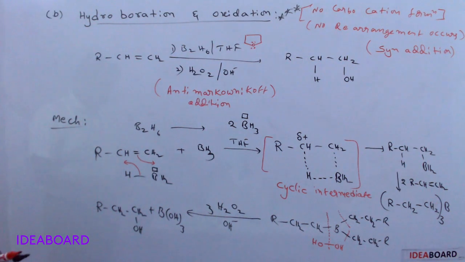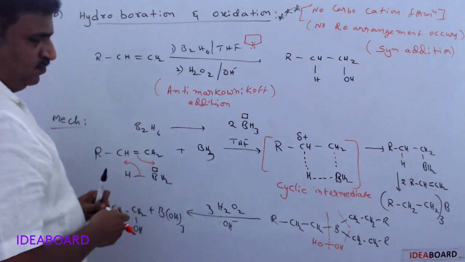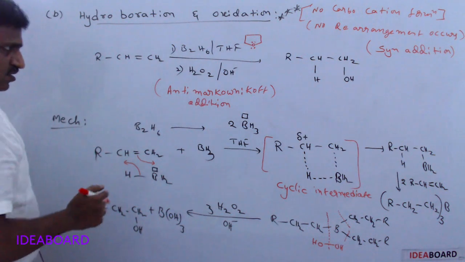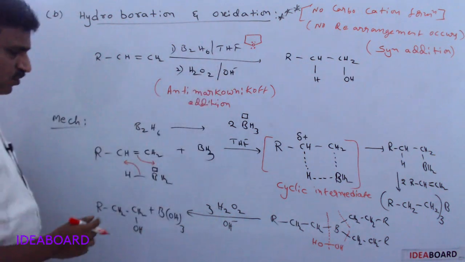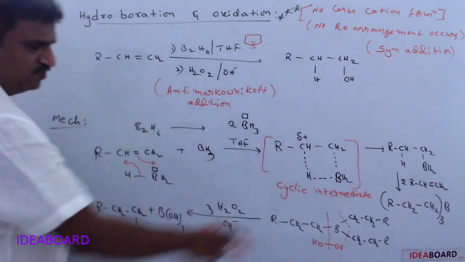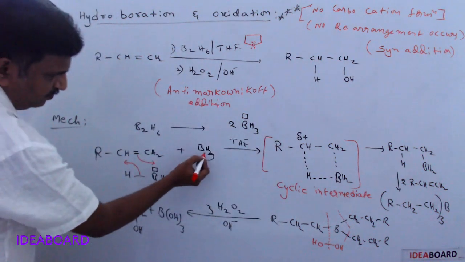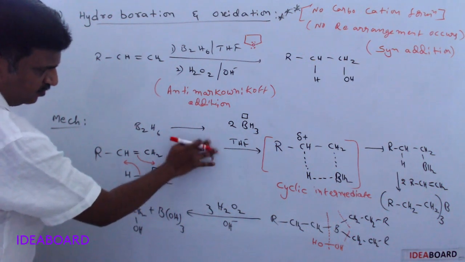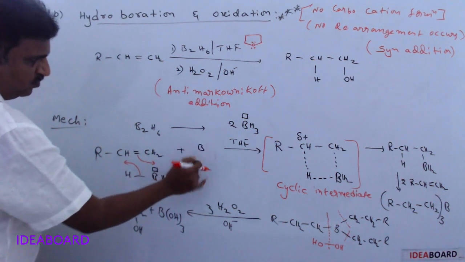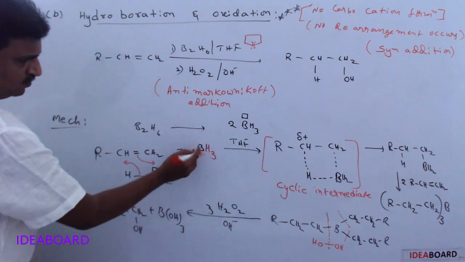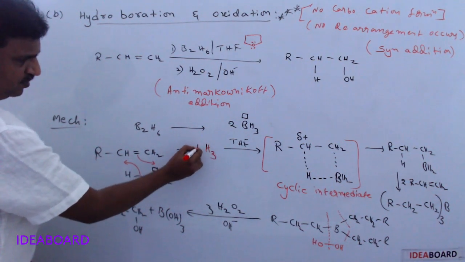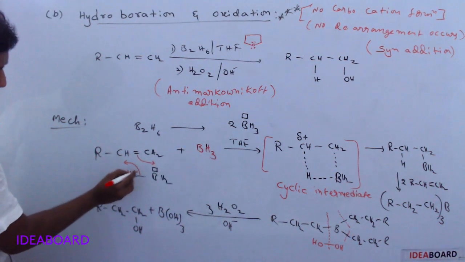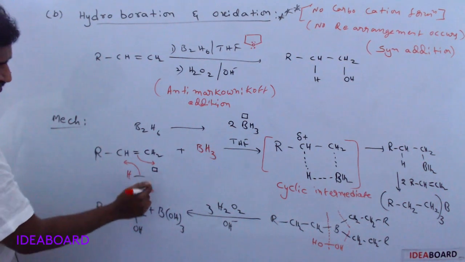So how to remember or how to write the products easily? Please remember that. Here, in this B2H6 molecule, if you check the mechanism, what happened? From the BH3, suppose I am writing with a red ink pen. Here the H is added on this place, and here BH2 is added.